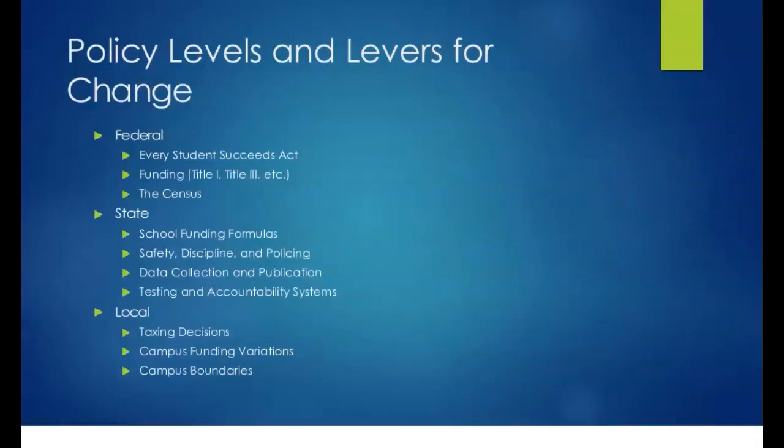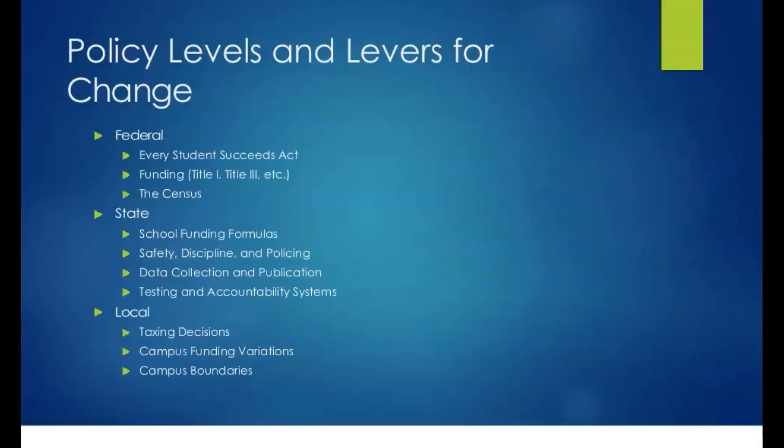Okay. So as I mentioned, there are really a number of levels and levers for change when it comes to addressing existing and proposed policies and influencing what those are. So obviously there's the federal level, the state level, and the local level.